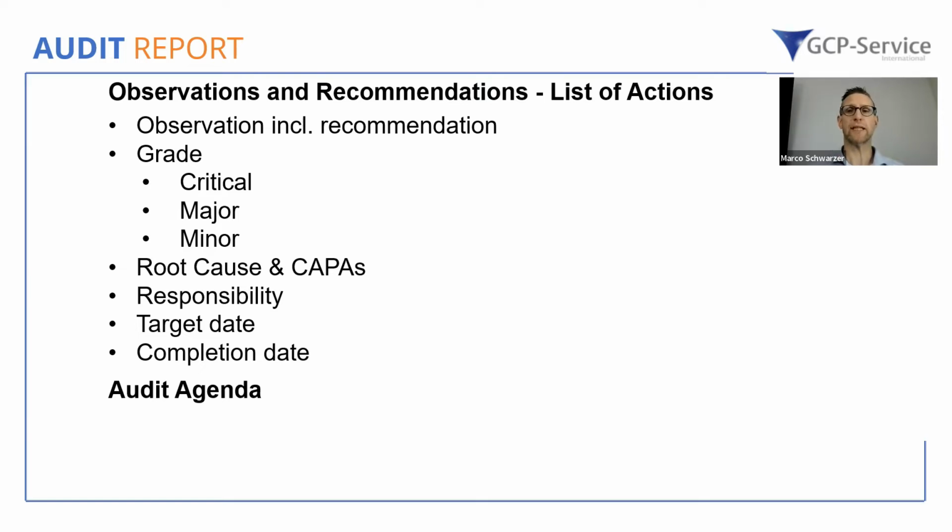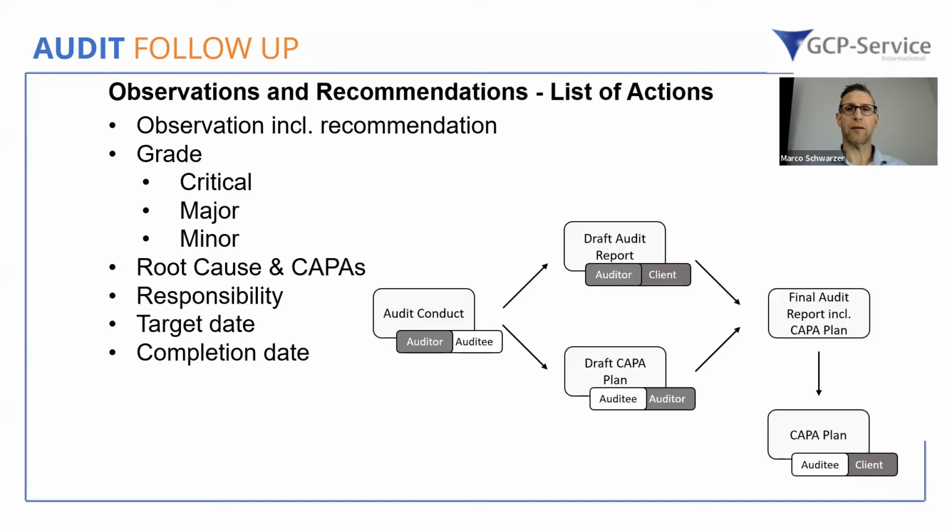And the usual process dealing afterwards with a part of the report is the follow-up, where, if not otherwise agreed, the client receives the draft audit report from the auditor, and in parallel the auditee will receive just the list of observations to be able to create a draft CAPA plan to respond to these observations.